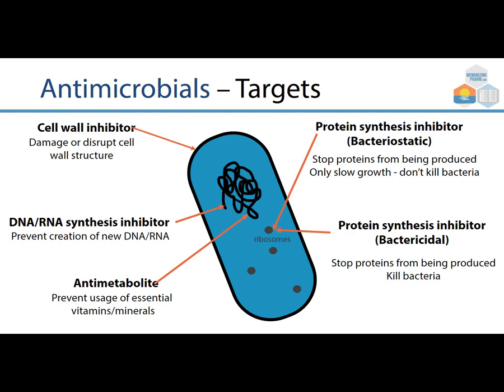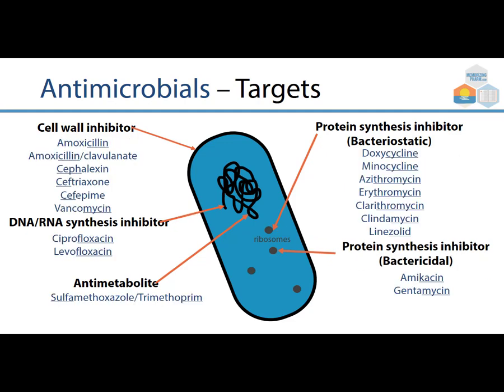So the first thing you want to be able to do is match the target or the mechanism of action to actual antibiotics. And this is where it gets a little bit crazy. You can see how many drugs are on this slide. But let's go through the cell wall inhibitors: amoxicillin, and then amoxicillin with clavulanate to protect itself against beta-lactamase.